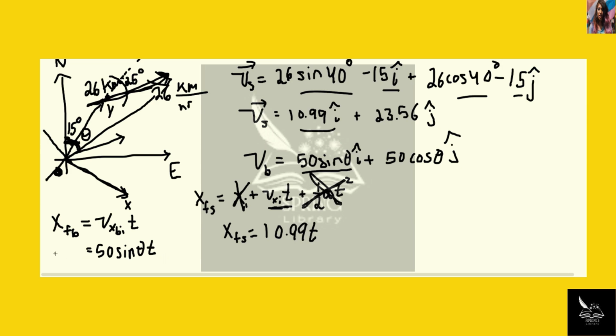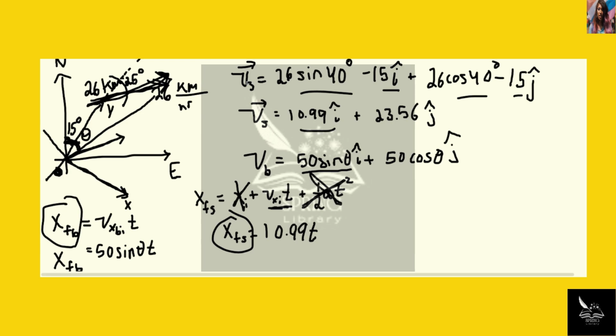Now we can actually set these equal to each other, right? Because at some point in time later on, we do want the same position. This ship going this way and the Coast Guard boat that's attempting to chase them or catch up to them are going to be at the same tick mark on the x-axis.